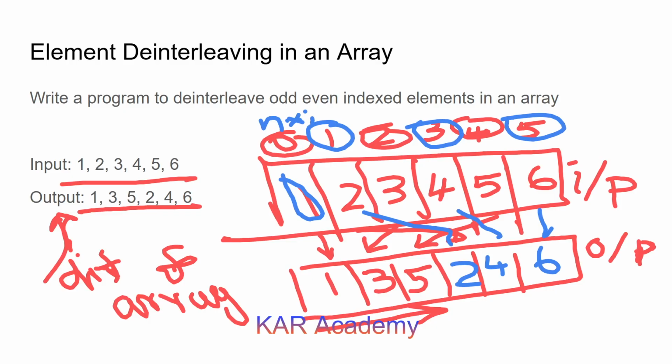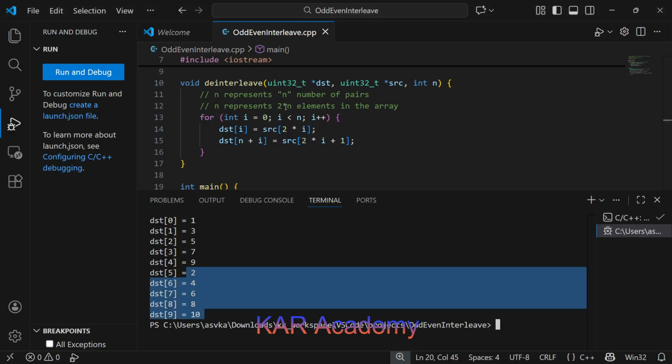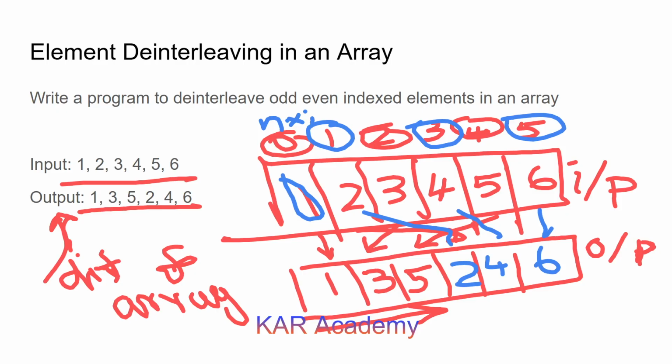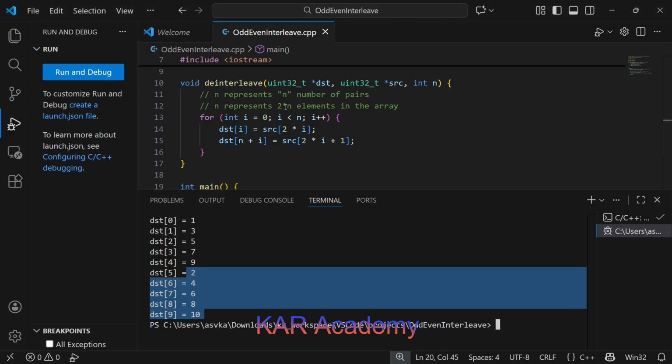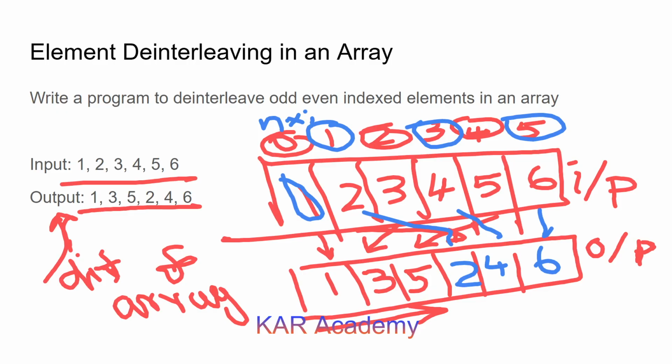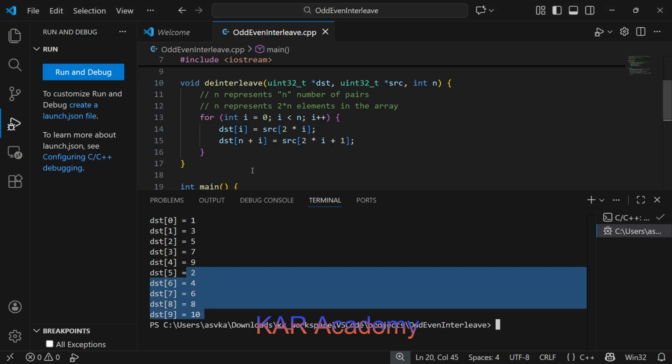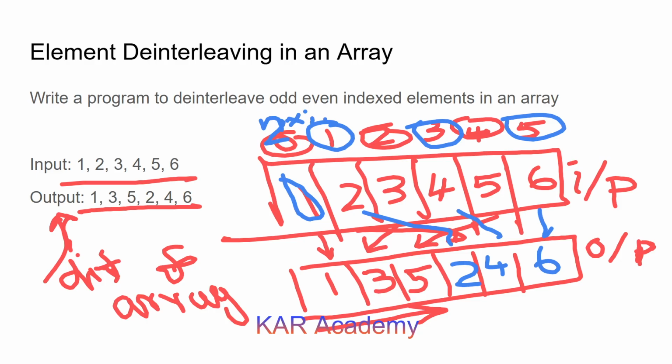Then the next element, if you see the program, we have source of 2 times I plus 1. And on the destination side, sorry about that, I think I made a mess. It's not n times I, it's 2 times I. So 2 times 0 is 0, and in the same loop I also have 2 times I plus 1 here. So 2 times I plus 1 is index 1.